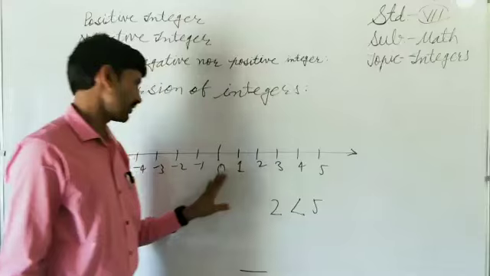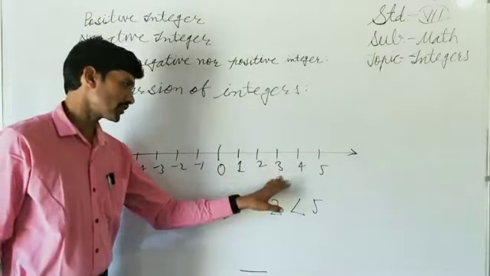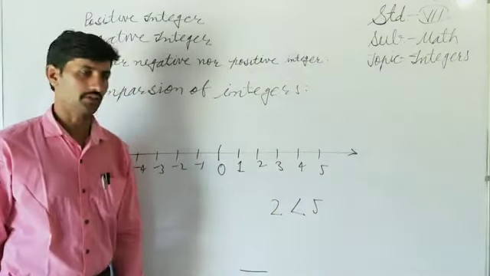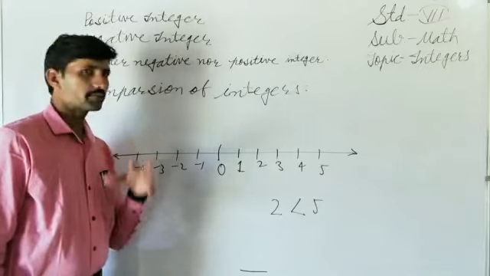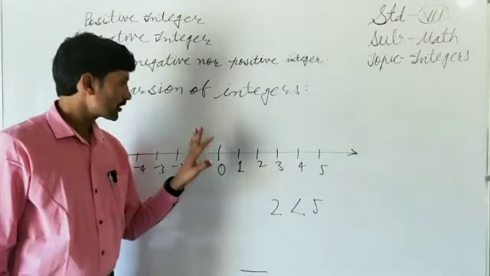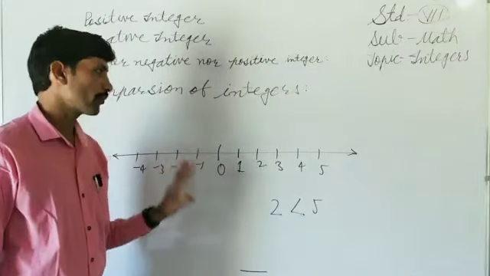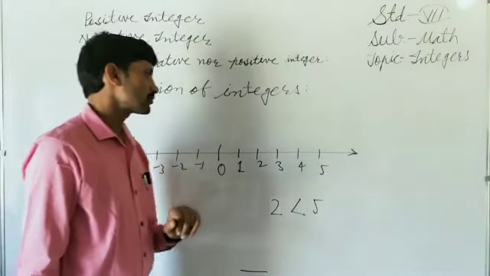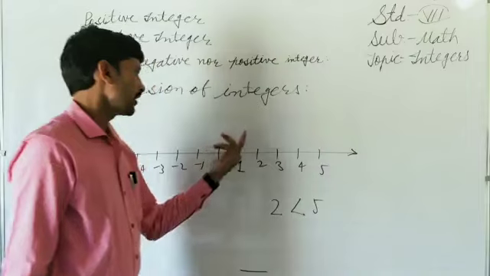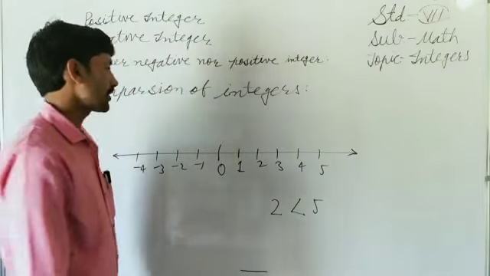Here, in one case one is a positive integer and the other is a negative integer, and in another case we will take both negative integers. But before that, let us talk about one more idea. Look at this number line.